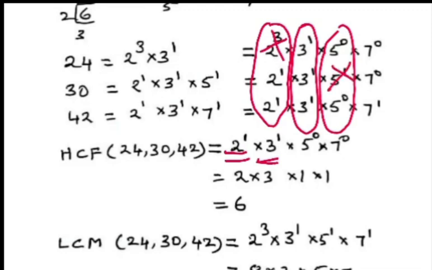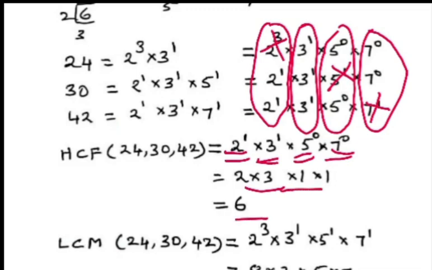So it is 5 power 0 and 7 power 1 is neglected, 7 power 0 is considered. So the HCF is 6.